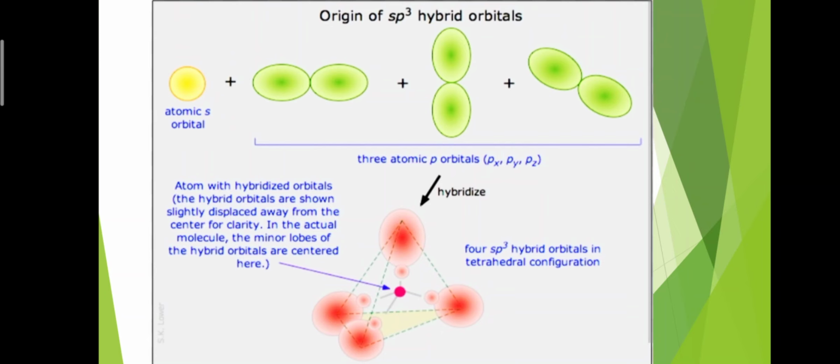Atom with hybridized orbitals: the hybrid orbitals are shown slightly displaced away from the center for clarity. In the actual molecule, the minor lobes of the hybrid orbitals are centered here. 4 sp3 hybrid orbitals in tetrahedral configuration, from one s and three p orbitals.